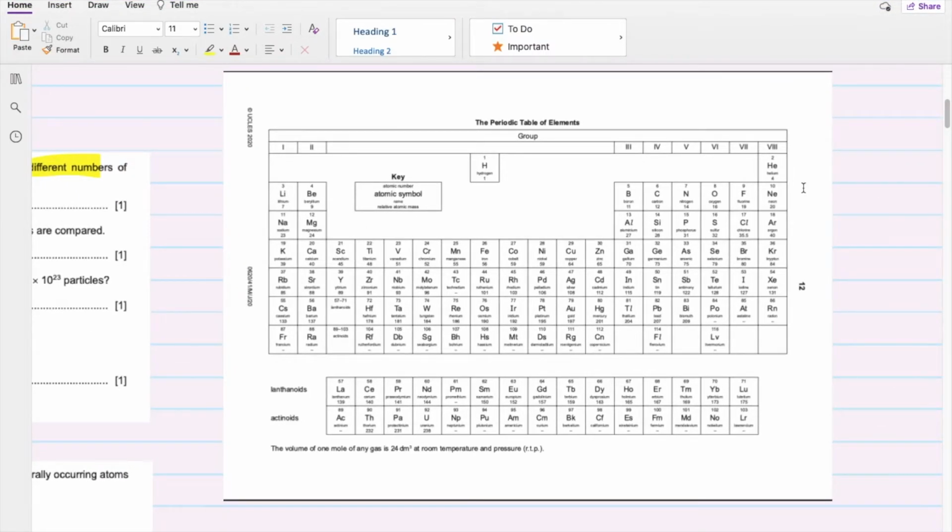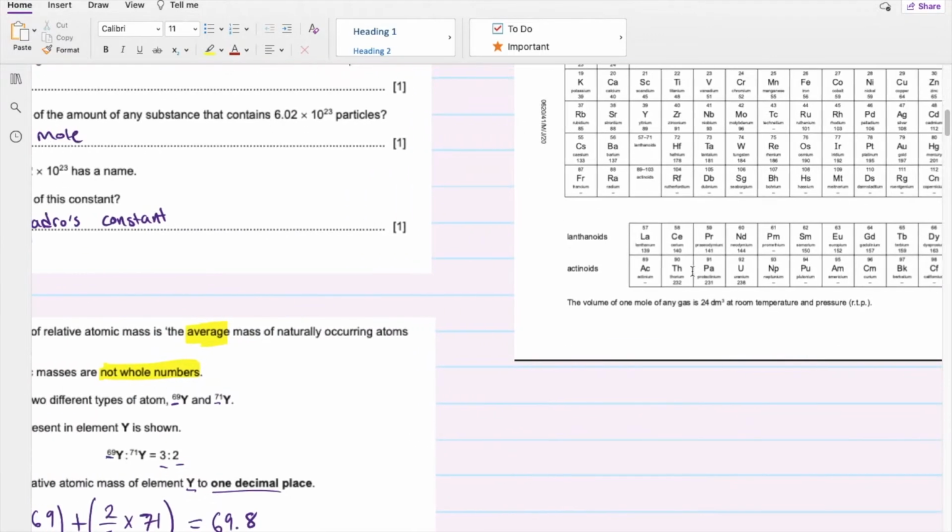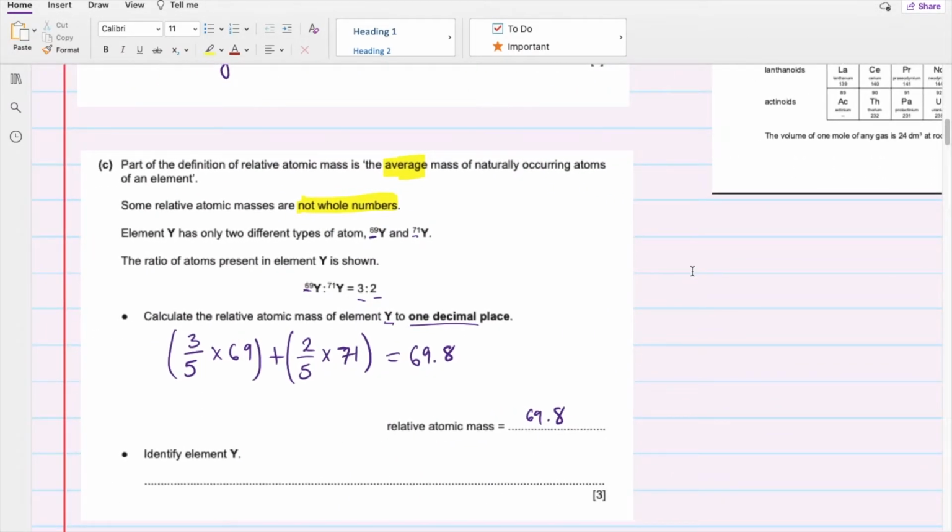As you can see, it's all given in whole numbers, so we're going to round up, and that would be 70. So you can see that 70 is gallium. It's right here, right? So that is our answer. So you can place the name or symbol like so, Ga, or you can write out gallium. Either one will give you the answer.